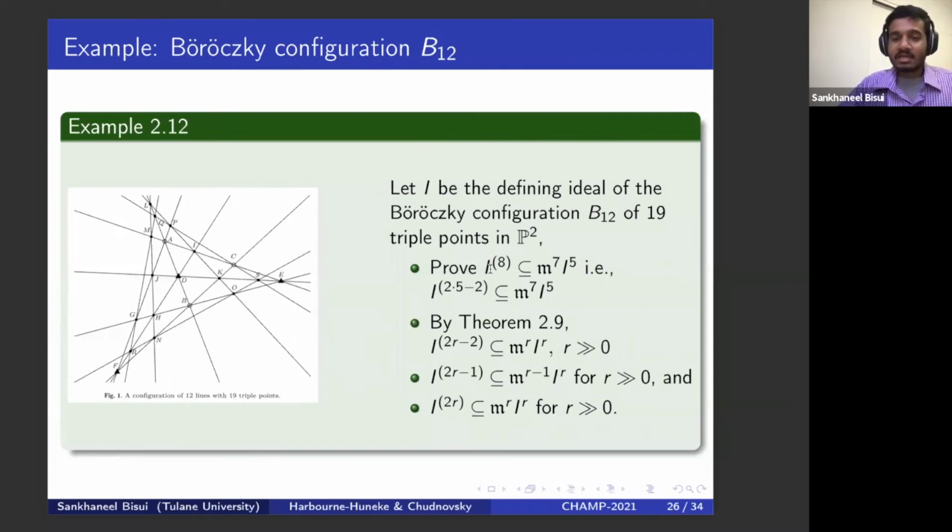For these ideals, we could prove that the 8th symbolic power sits inside m^7 and I^5. So again, using our previous theorem, we could prove for these ideals too that the symbolic power I^(tr−2) sits inside m^r and I^r for all r big enough. And basically this containment gives us these two containments.